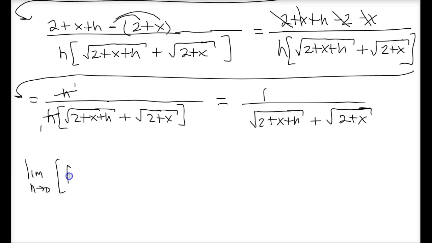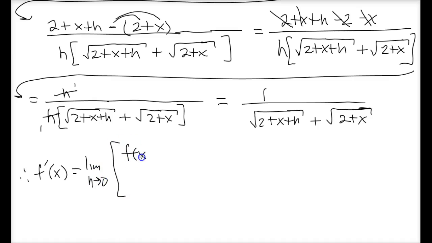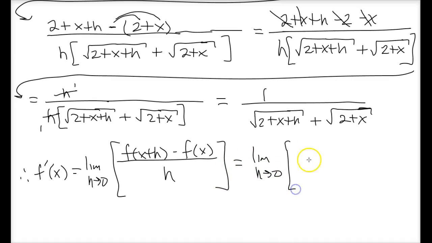So we need to rewrite that. Therefore, the derivative is going to be the limit as h approaches 0 of f of x plus h minus f of x, all divided by h, which is just going to be the same as the limit as h approaches 0 of what we see here.